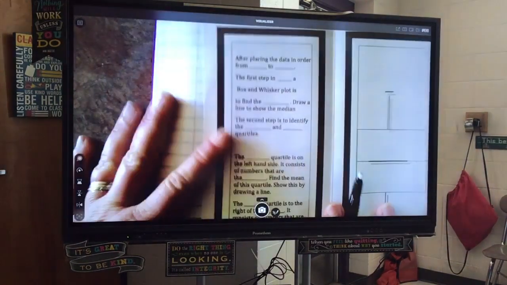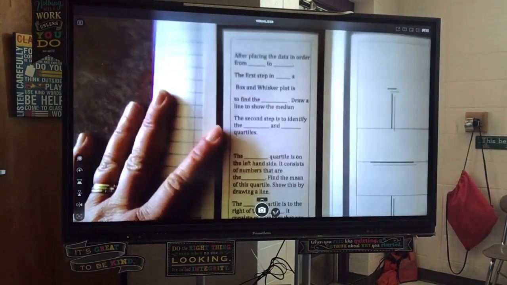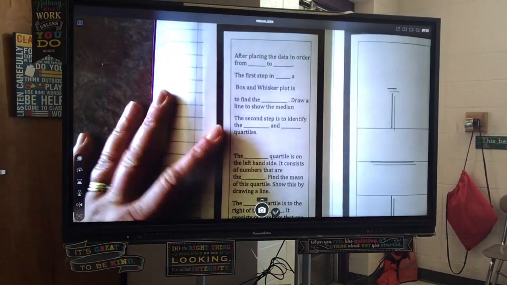Alright, so open up to the left flap where it's got the words and information on it.